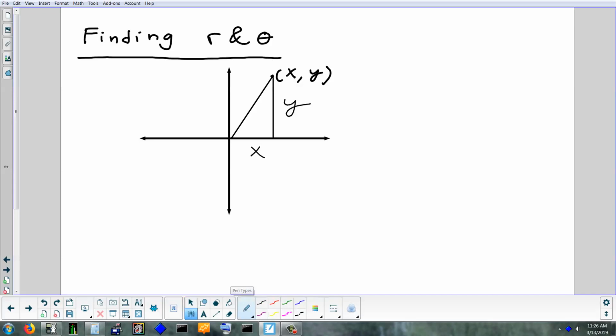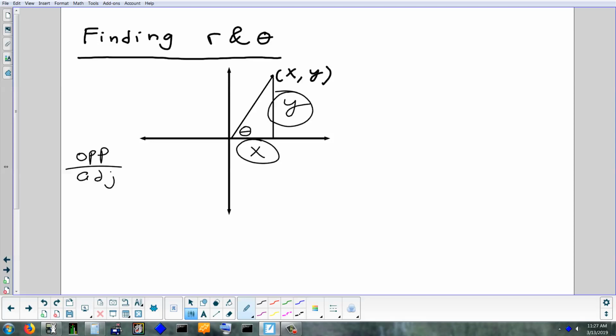Y. And now you use the Pythagorean theorem to get r. We're not looking at that part. I want to look at how to get this angle. What's the name of that side that I just circled? Is it opposite, adjacent, or hypotenuse? It's opposite. What's this other side that I just circled? That's adjacent.